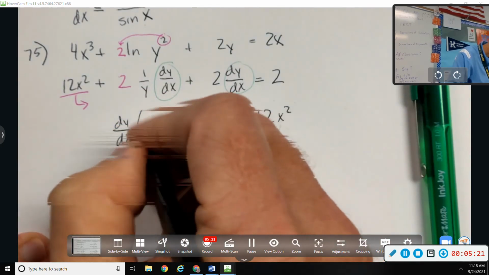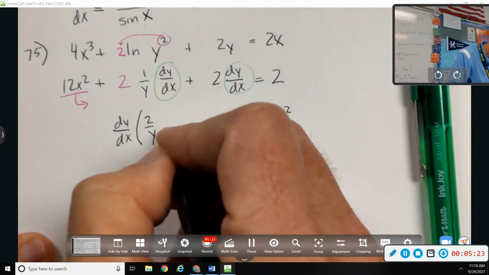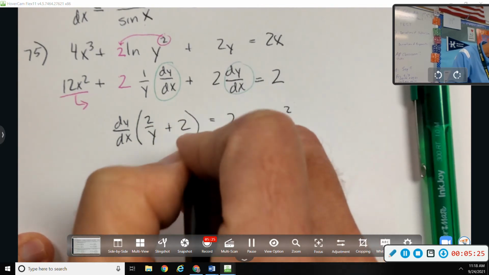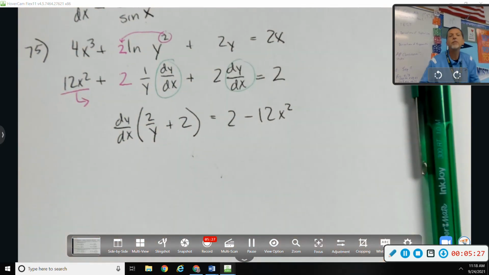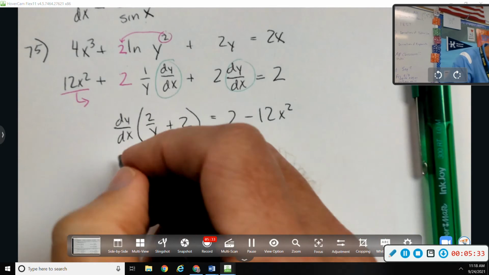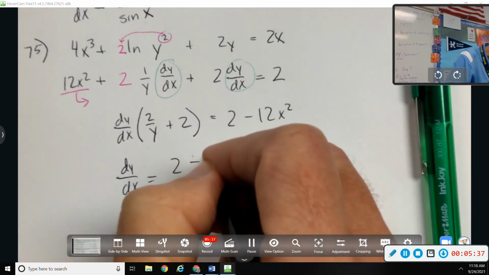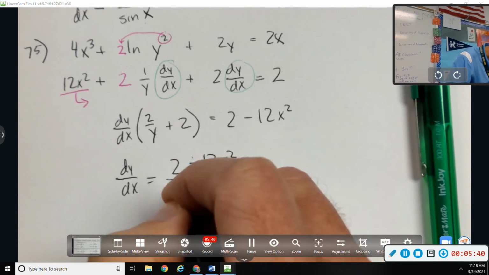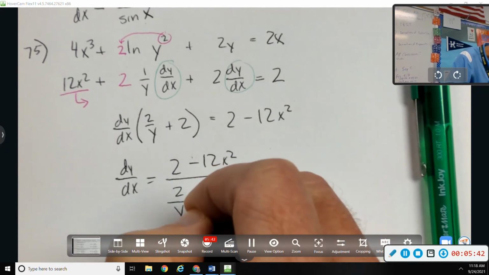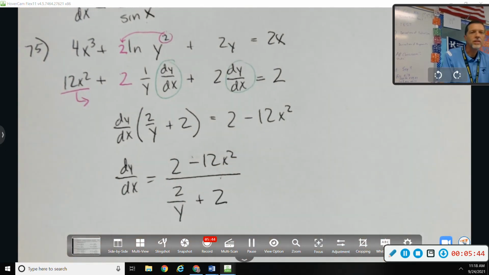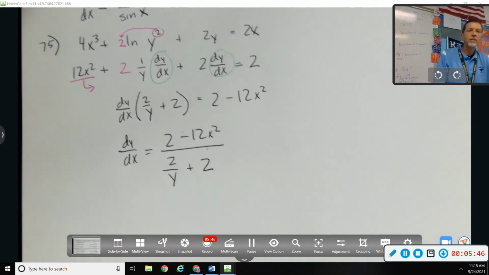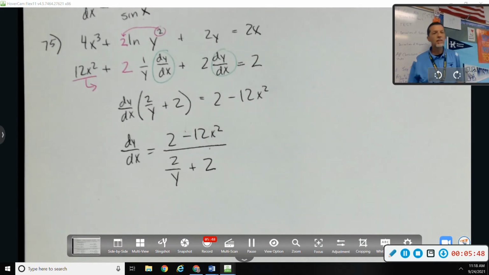You could also factor out 2 in total. I could divide everybody by 2, and I could. I'll wait till the end here. Dy dx equals 2 minus 12x squared over 2 over y plus 2, which is not really cleaned up, but it's fine for a safe stop.